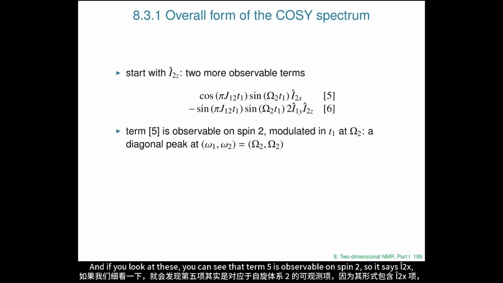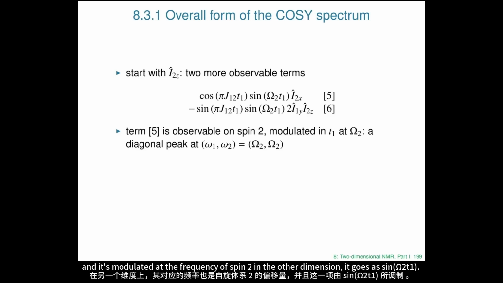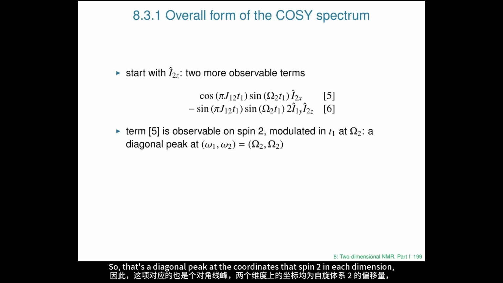And if you look at these, you can see that term 5 is observable on spin 2, so it says I2X, and it's modulated at the frequency of spin 2 in the other dimension. It goes as sine omega 2 T1. So that's a diagonal peak at the coordinates of spin 2 in each dimension.